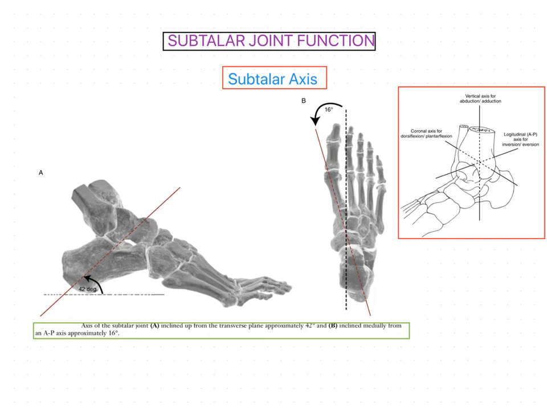to discuss the same function, that means the same movements which take place in the subtalar joint, in non-weight bearing as well as weight bearing. What are the changes occurring in non-weight bearing and weight bearing in the subtalar joint?